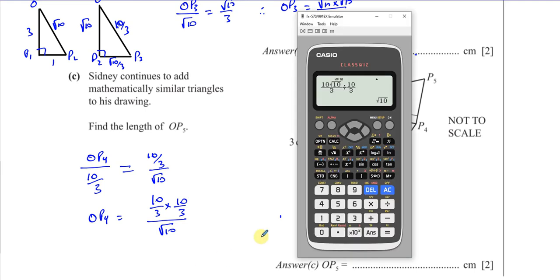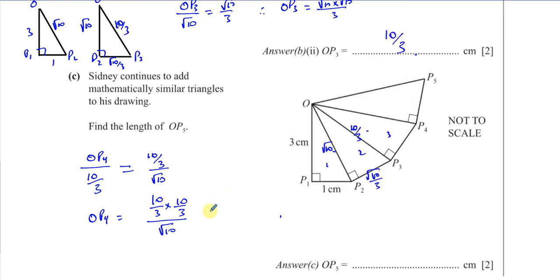I can just put that in my calculator. 10 over 3 times 10 over 3, which we know is 100 over 9, and then divide by root 10. That gives me 10 times root 10 over 9.